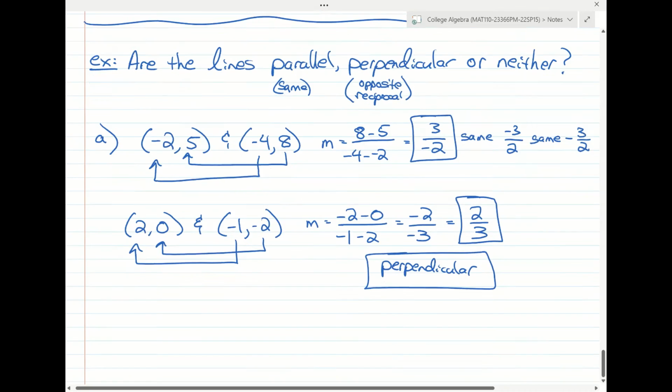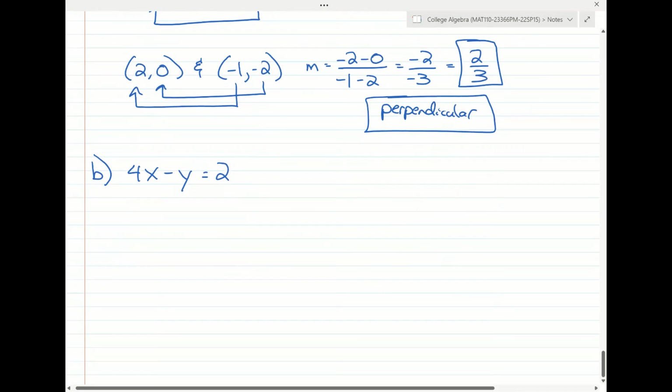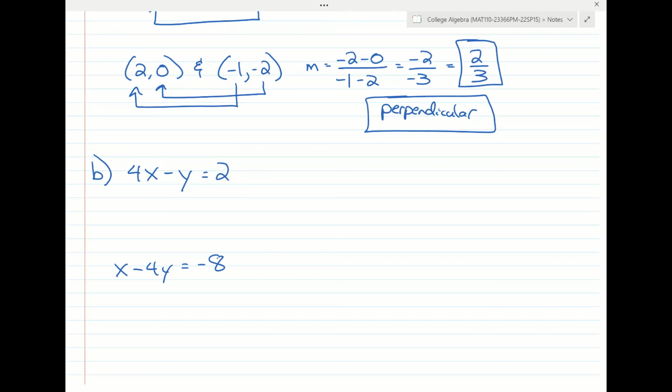What about if we had a problem like this, where I gave you an equation, 4x minus y is equal to 2, and x minus 4y is equal to negative 8. Talk about finding the slope if it's in slope-intercept form. What I'm going to try to do is get the y by itself.